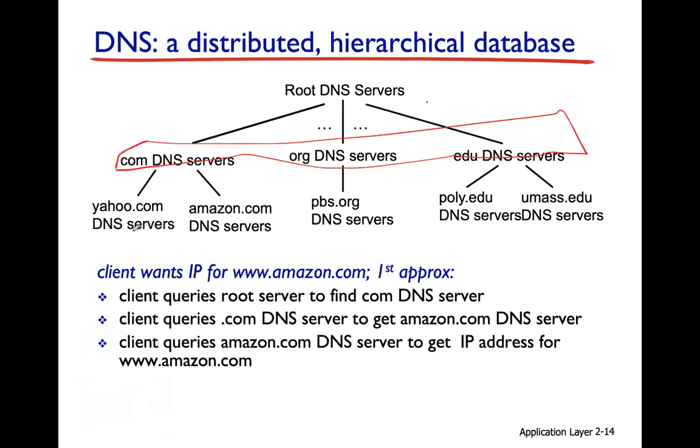Then under it, you can have more small DNS servers like the yahoo.com or amazon.com DNS server, or the microsoft.com DNS server. Or under edu, for example, we have the hpu.edu DNS server. So you can have further servers.